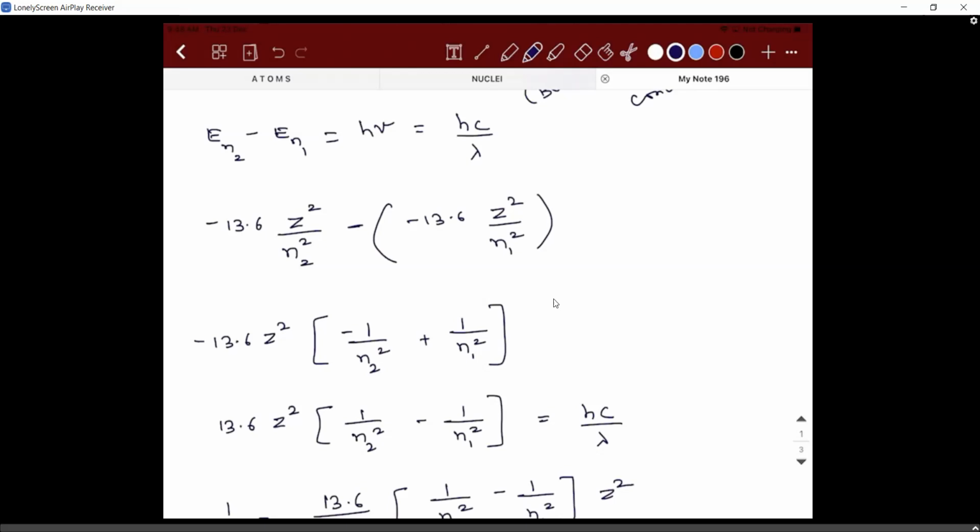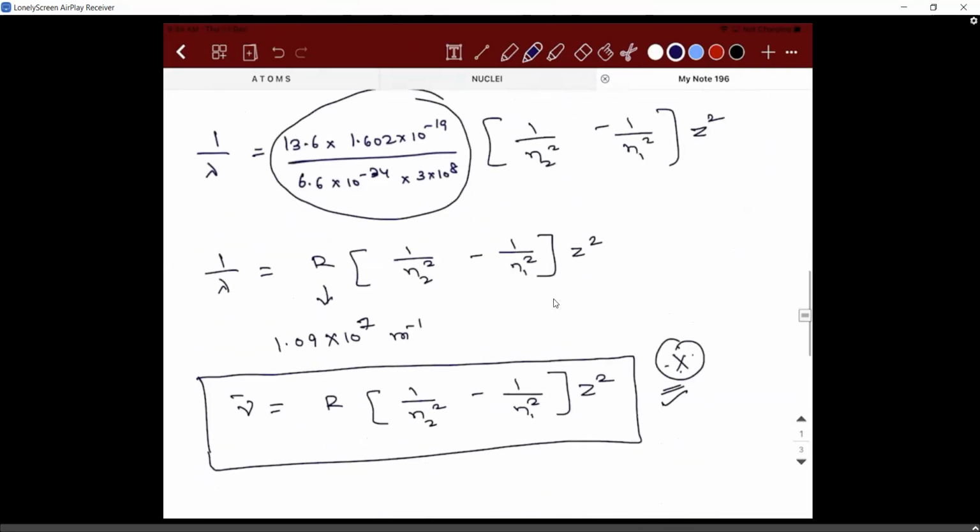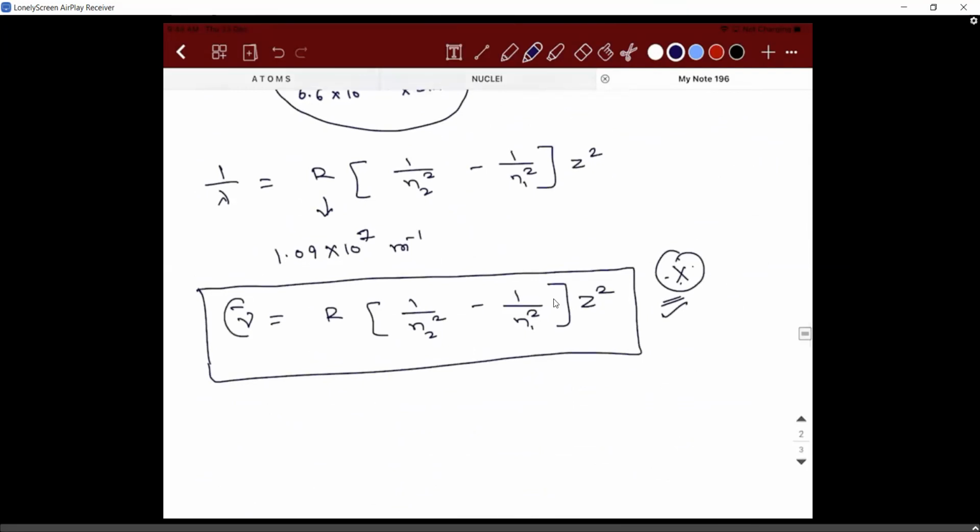See the step, minus 13.6 Z square by N square. If I take it outside, there is one mistake I did. It should have been plus, right? We got 1 by N2 square minus 1 by N1 square.